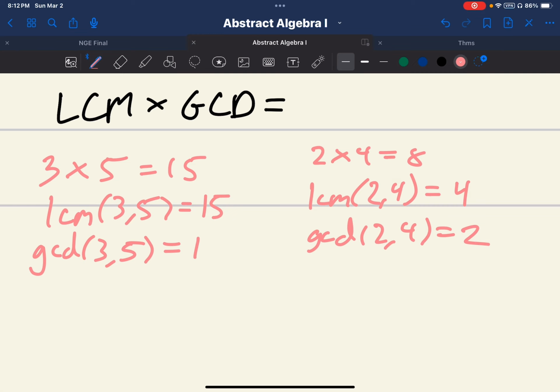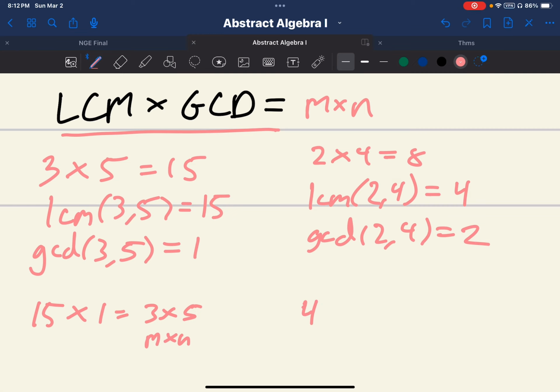But if we take this formula up here, which he ends up writing as m times n, the least common multiple, which down here is 15, times the GCD will always equal 3 times 5. It will equal the product. And same over here. The least common multiple is 4 times the GCD is 2. That'll always equal the product, 2 times 4, or 8.